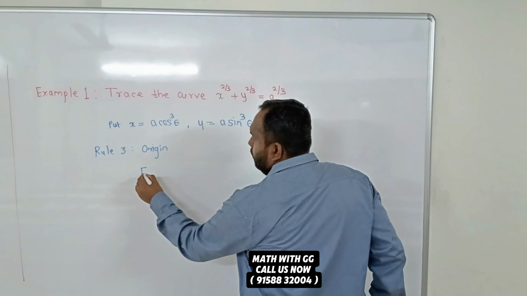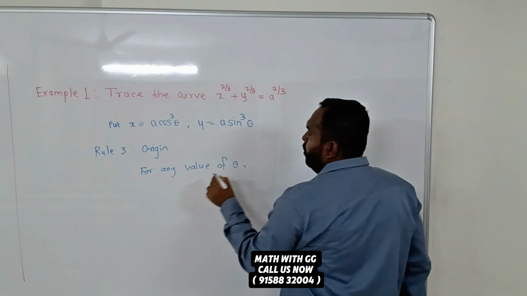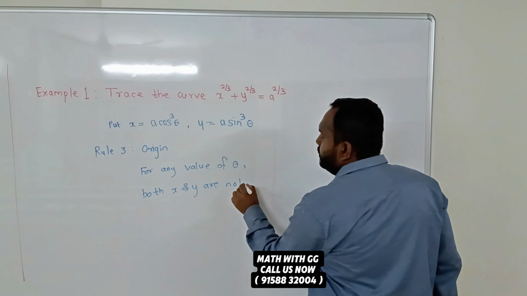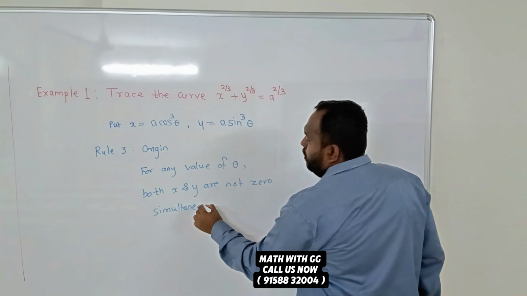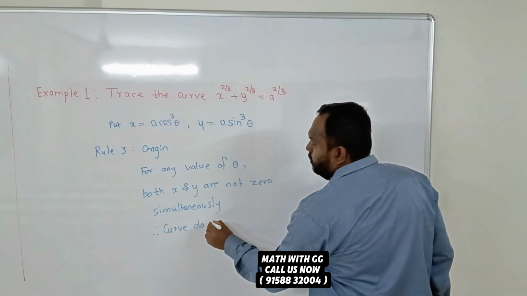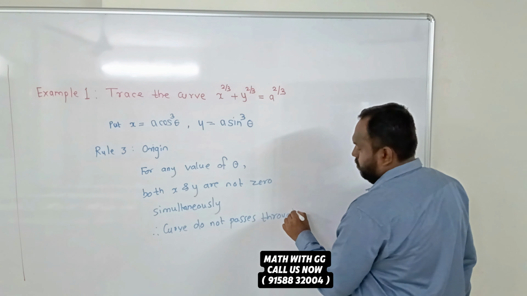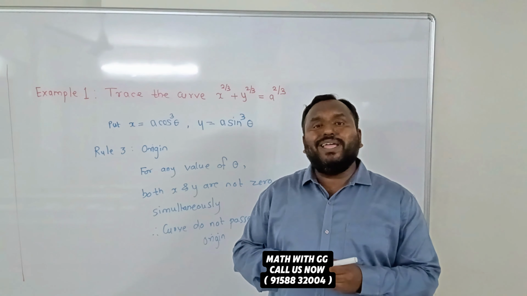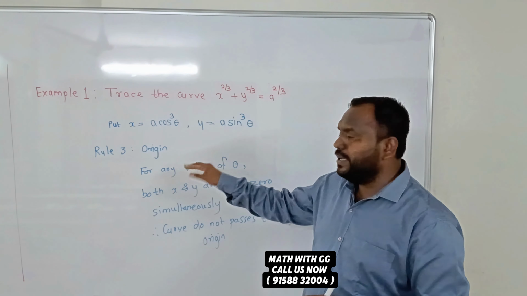Therefore, for any value of theta, both x and y are not 0 simultaneously. Therefore, the curve does not pass through origin. So as we don't get any value of theta for which both x and y are 0 simultaneously, hence the curve does not pass through origin.